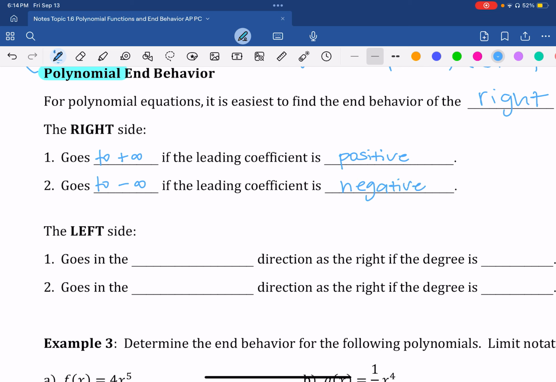Okay, and just to review what a leading coefficient is, that is the number in front of the variable with the highest exponent. So first you need to find the term with the highest exponent, and then the number in front of that is your leading coefficient.